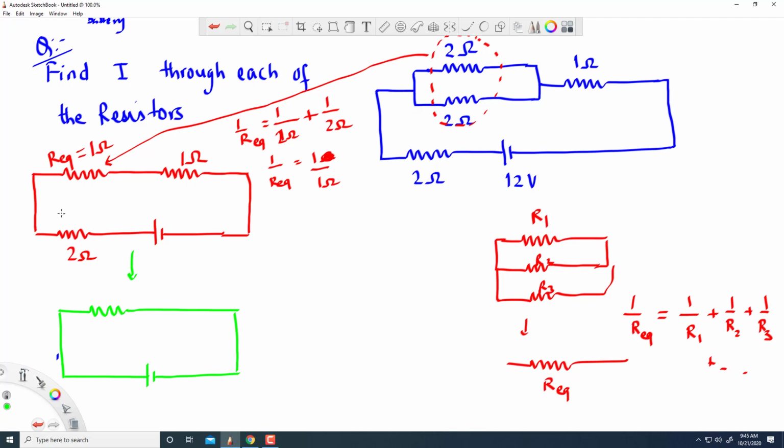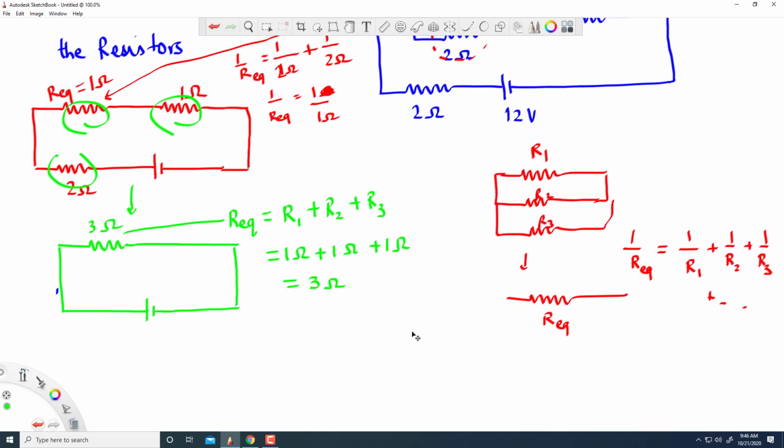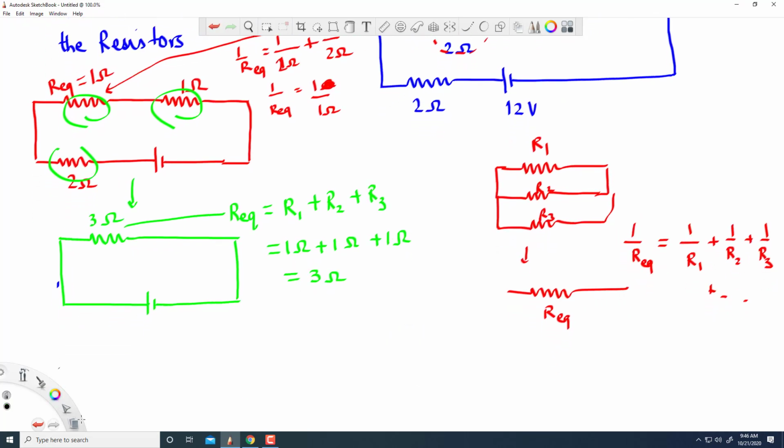When you are combining resistors in series, the equivalent resistance is given by this formula: R1 plus R2 plus R3, just add the individual resistors. So, 1 ohm plus 1 ohm plus 1 ohm gives us 3 ohms. So, this is 3 ohms. So, we got the simplest circuit.